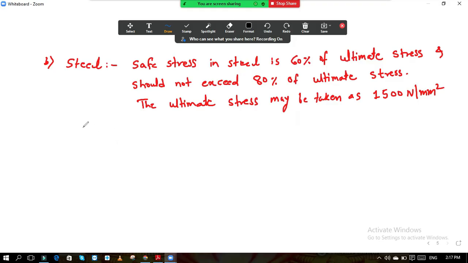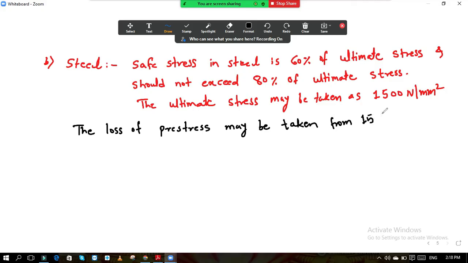Here the loss of prestress may be taken from 15% to 20%.